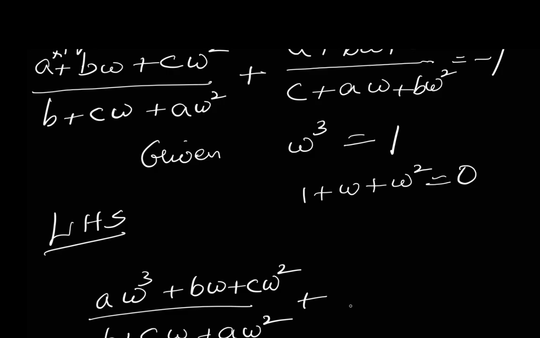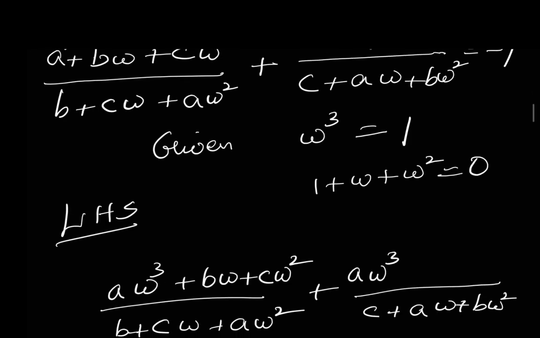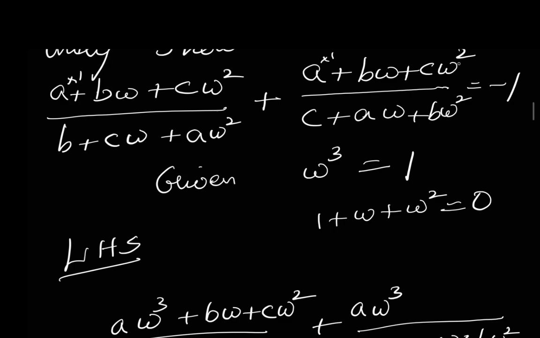In the second fraction also keep the denominator as it is, c plus a omega plus b omega squared. See, in the numerator also a is alone here, a into 1. I replace 1 as omega cube, so a omega cube. And also see here b omega you have, but in the denominator we have c omega squared, and c is alone here, so omega squared should be taken outside.